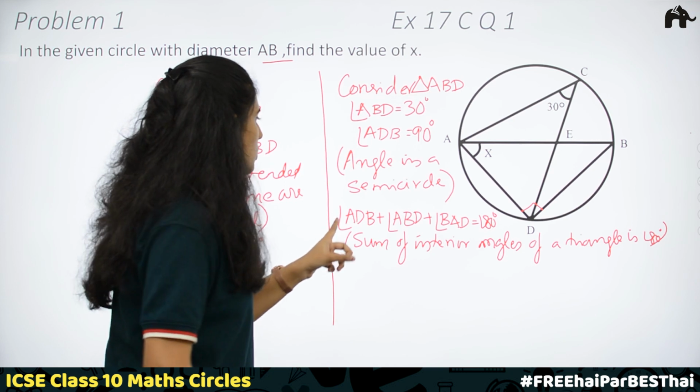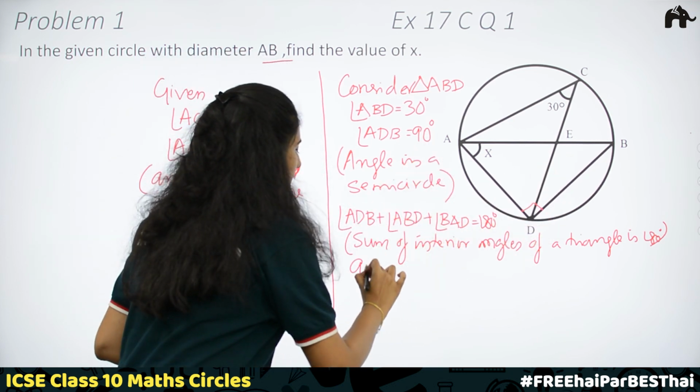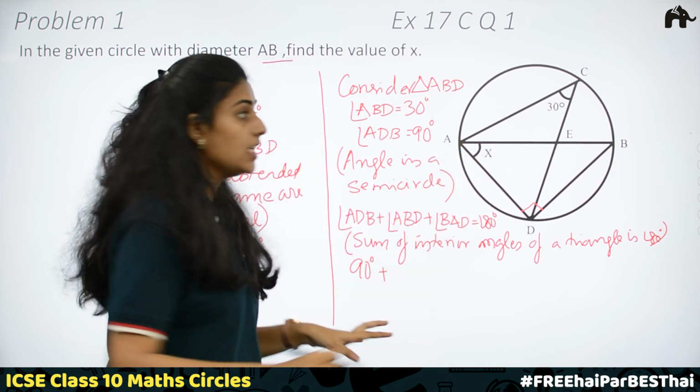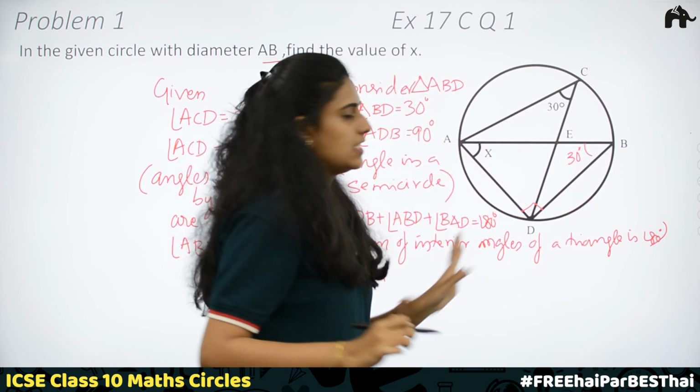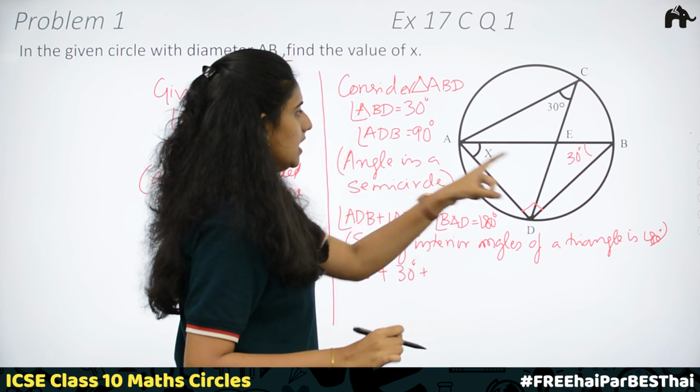Now put the values. What is the value of ADB? ADB is 90 degrees. 90 degrees plus ABD. ABD we have determined is equal to 30 degrees because ABD is equal to ACD. 30 degrees plus BAD.